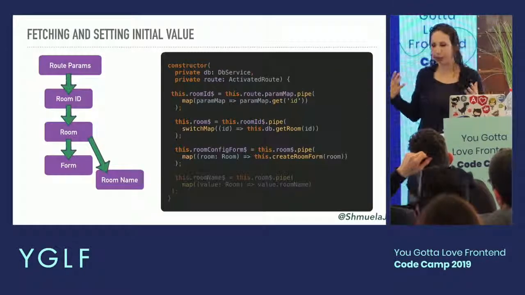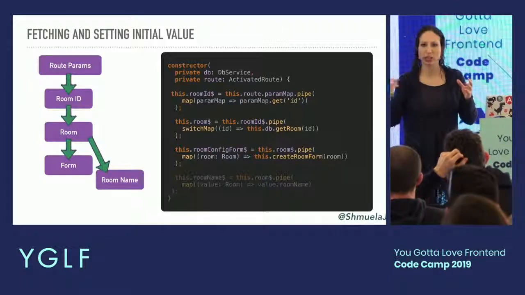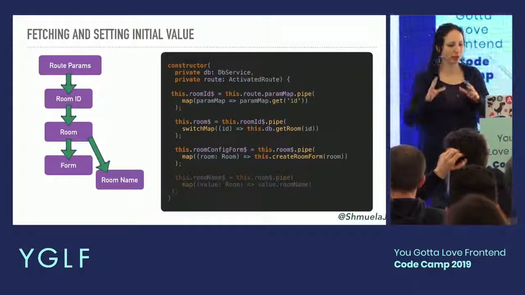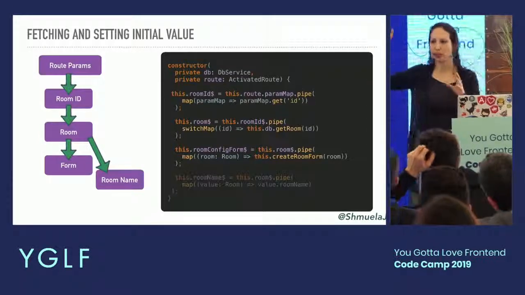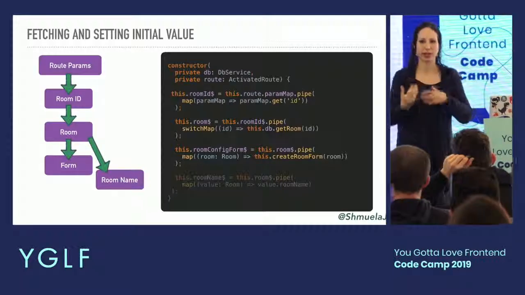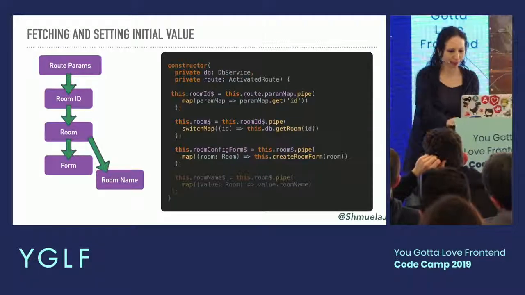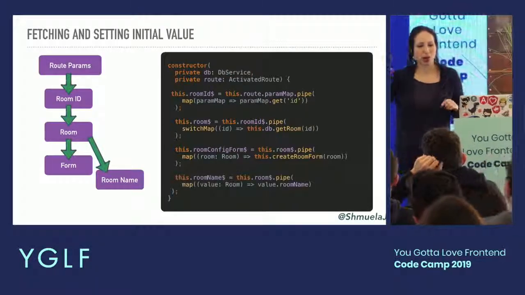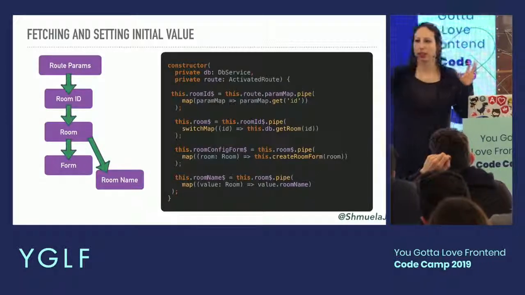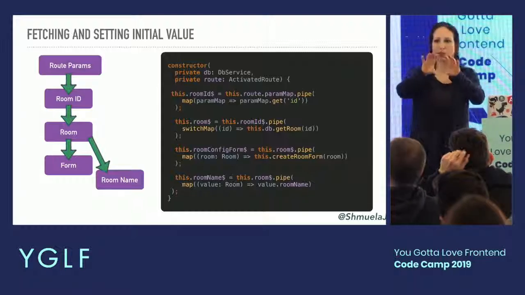Now we want to create the form itself. And like I said, the form itself also comes from an observable that gives us this value of the form. So we take the room configuration and we map it using a method that I'll show you in a moment that creates the room form. And this is a great example of having two independent listeners to the same observable.